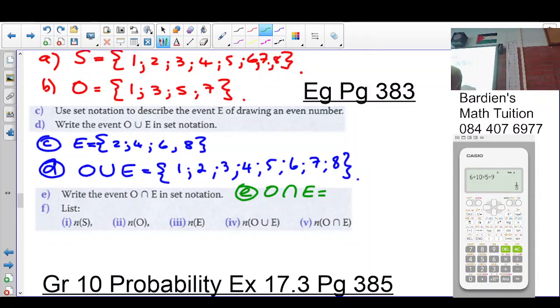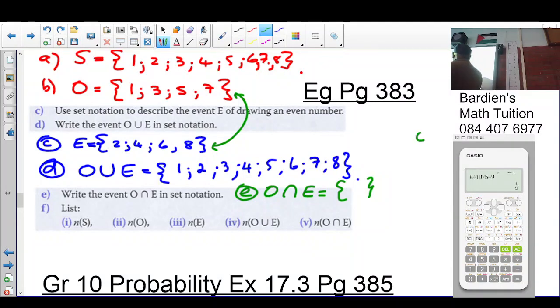Which element belongs to both these events? Does 2 belong to both? 8? No. Is there any? No. So to represent this, you write an empty space.